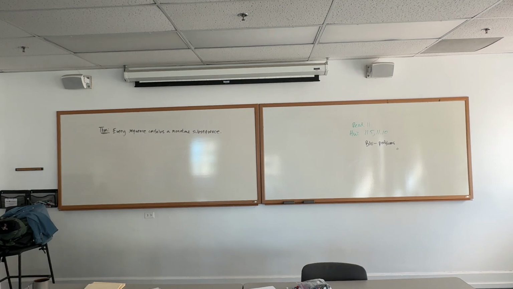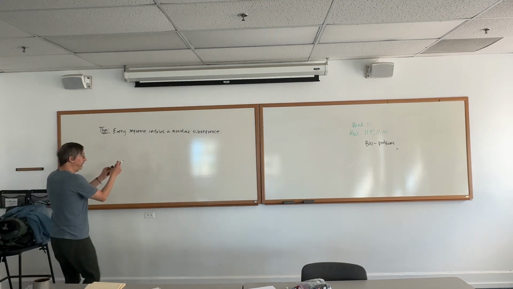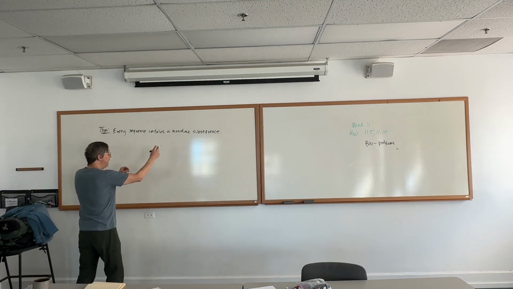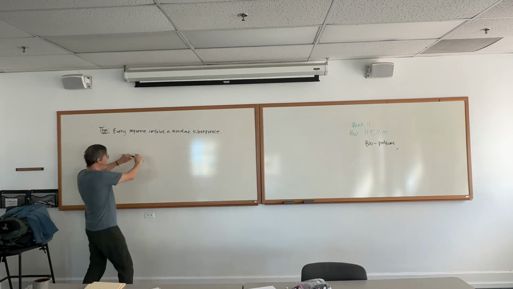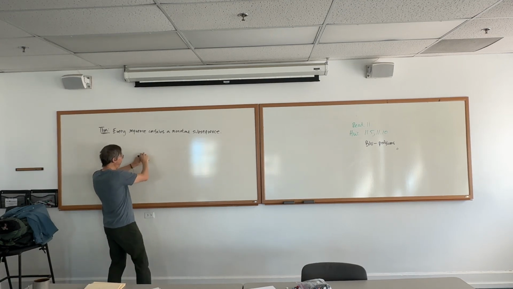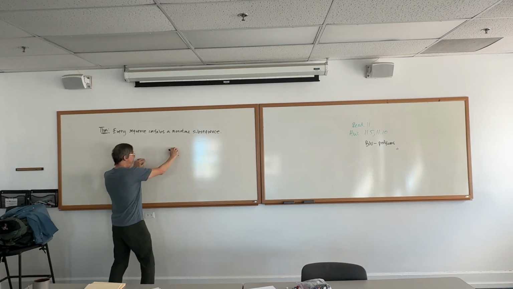There's no mention of convergence. Just a sequence, just a list of real numbers. And no matter what that list looks like, inside of it, we can select a monotone subsequence. We can select a subset of points that either don't go down or don't go up.